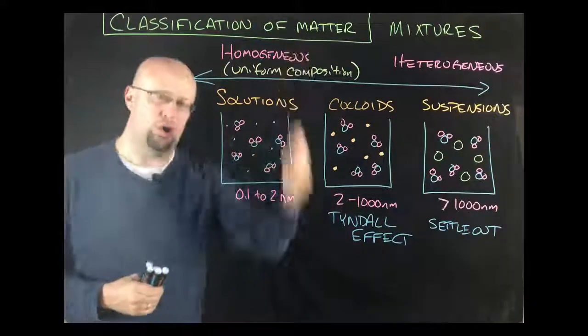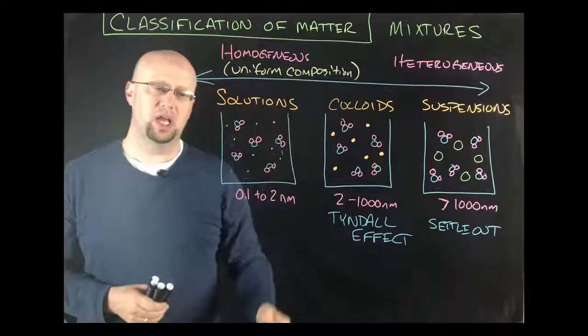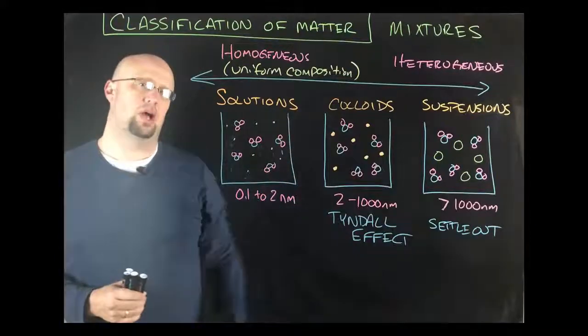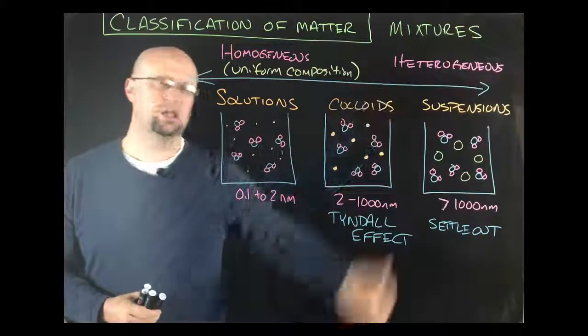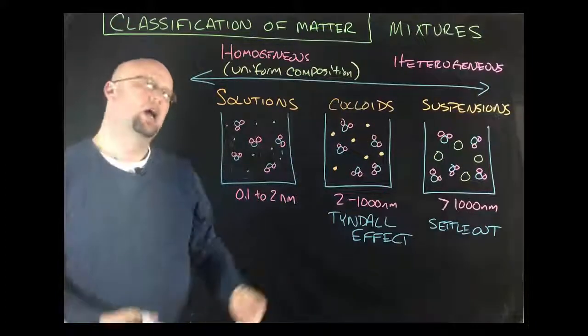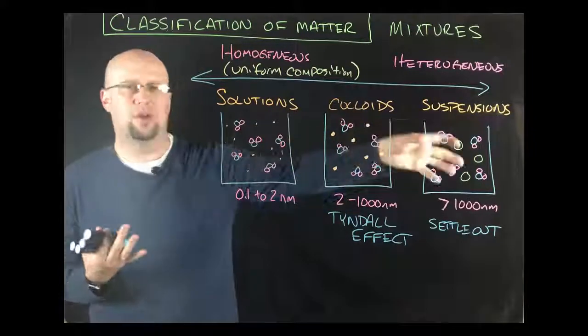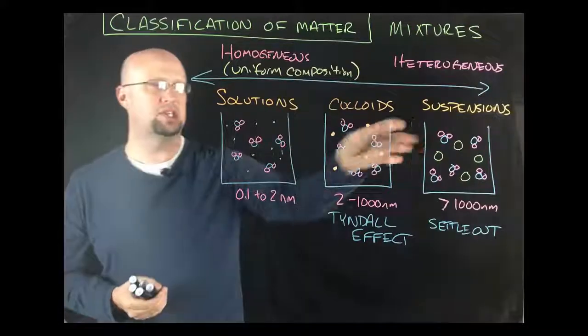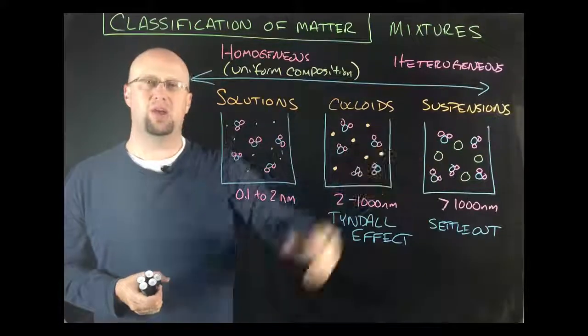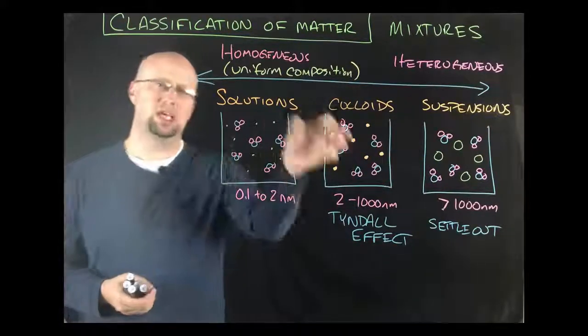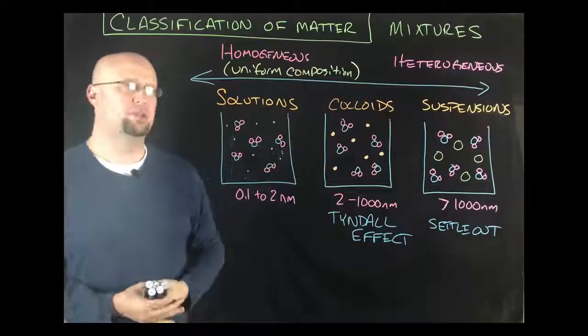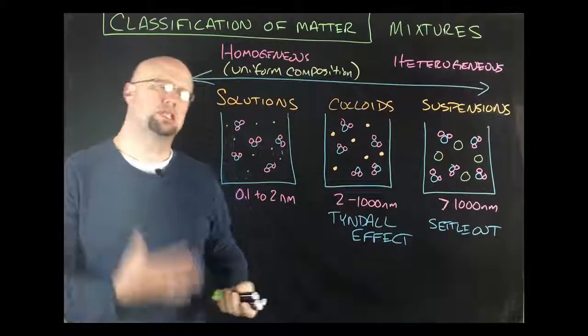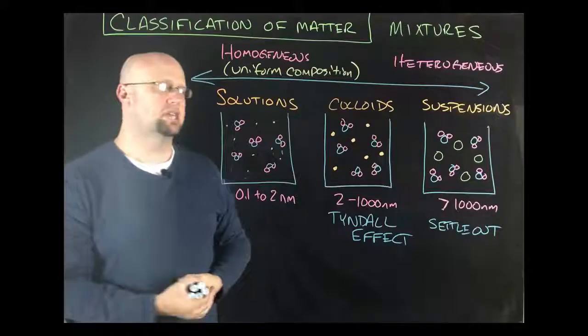So is there a hard cutoff that, hey, at 2 nanometers, it's now a colloid? No. At 100 nanometers, it's definitely suspension? No, I mean, this is sort of a fuzzy gray area. Sometimes things can be somewhere in that gray area between colloid and suspension. Sometimes things can be a little bit in that area between solutions and colloids. But most of the time, you can make a pretty clear guess as to which is which.